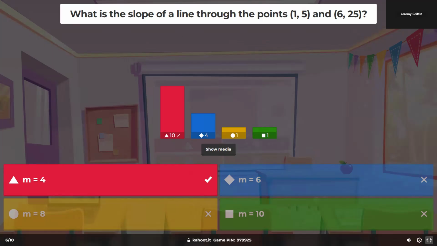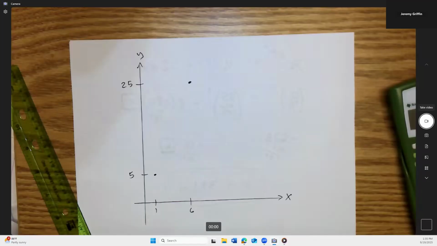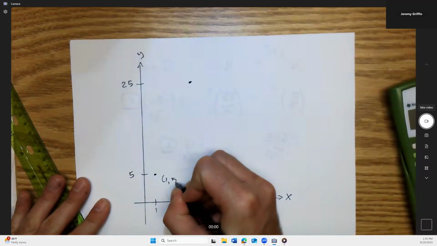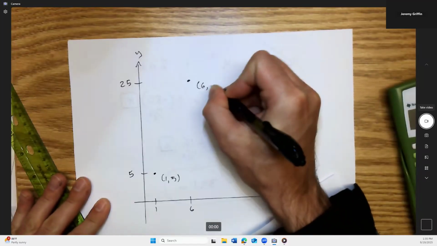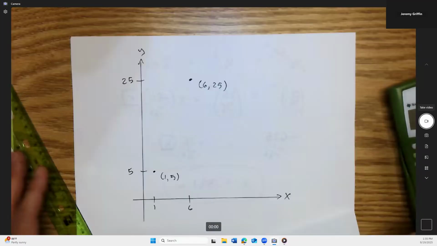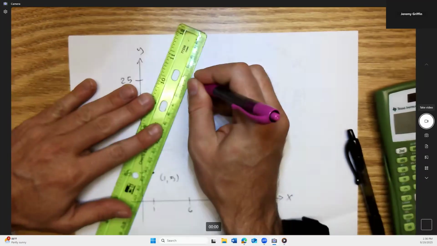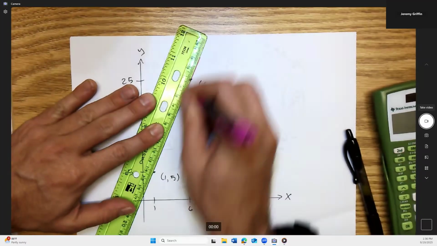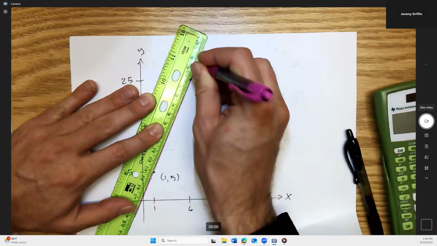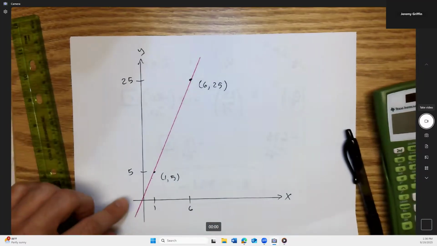So pretty good. This was 1 comma 5 and 6 comma 25. I don't know if my picture is exactly to scale, but that's pretty close to a representation. If I drew a line through, it would look approximately like that. It misses the origin a little bit.